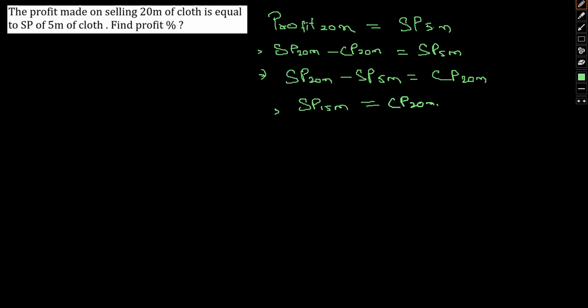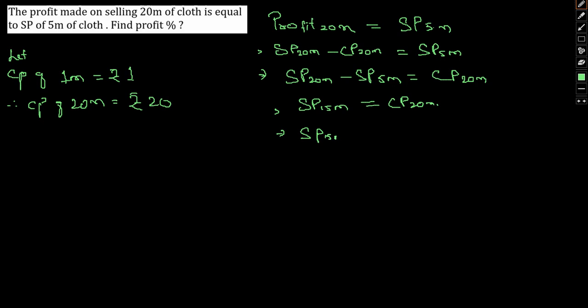Okay, now let us assume cost price of 1 meter equal to rupees 1. So therefore CP of 20 meter will be equal to rupees 20. So therefore selling price of 15 meter will be equal to 20.